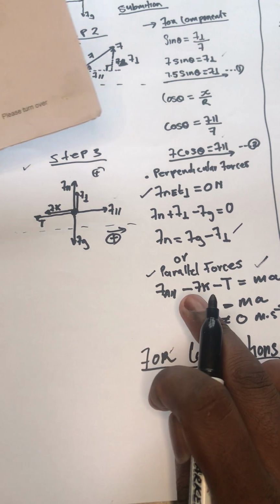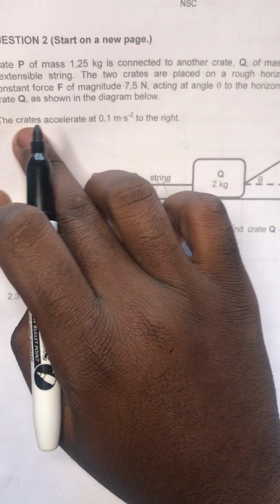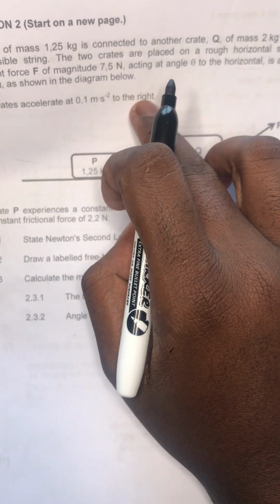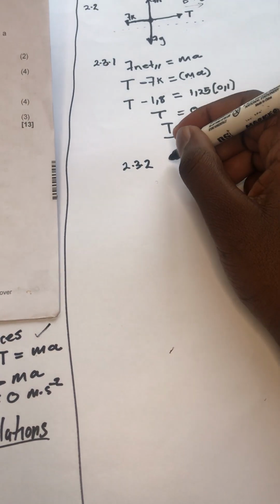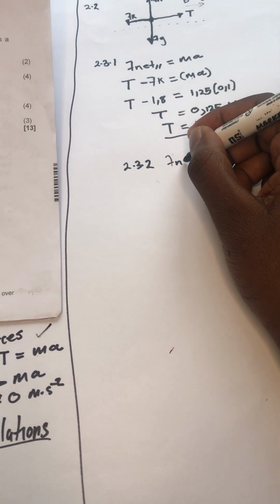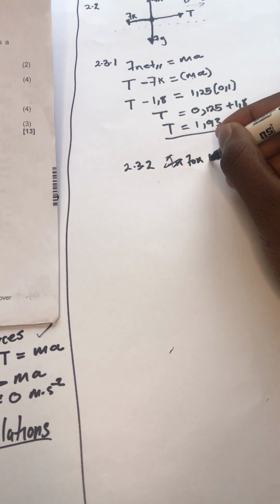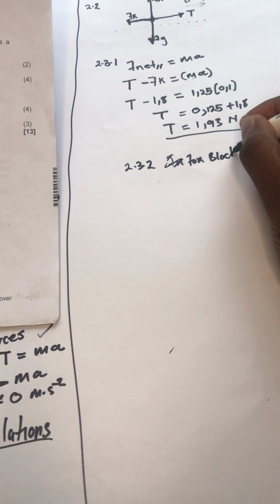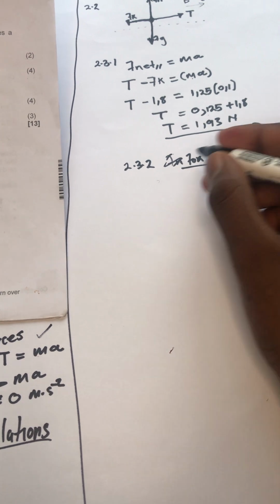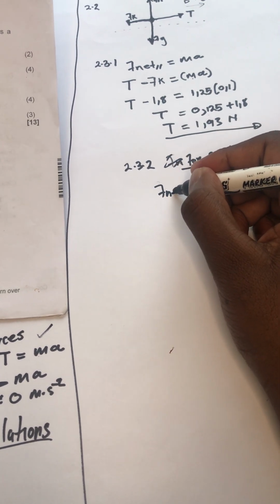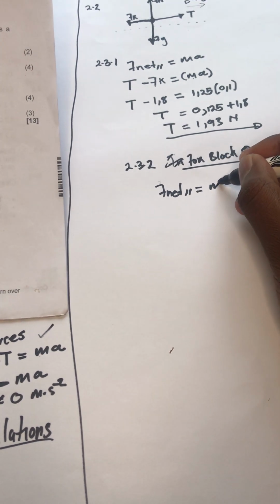To the right is positive and to the left is negative. The direction of motion, it accelerates at 0.1 to the right. So we have F net for block Q, F net equals MA.